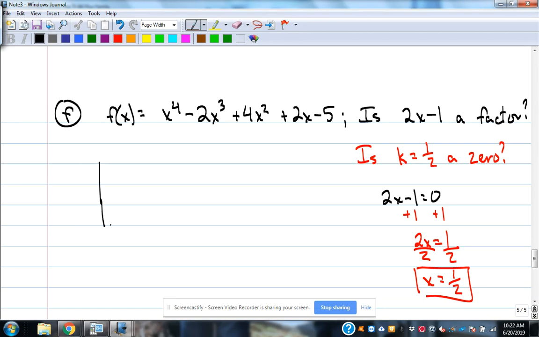I'm going to use 3 lines here because the fractions just take a little bit to write in there. So 1/2 on the top, and then you got 1, -2, 4, 2, -5.